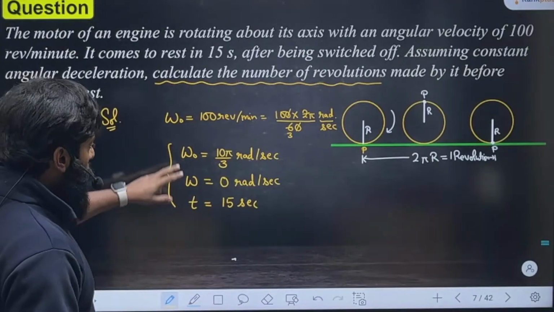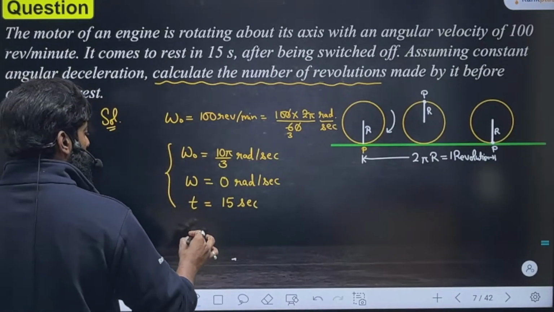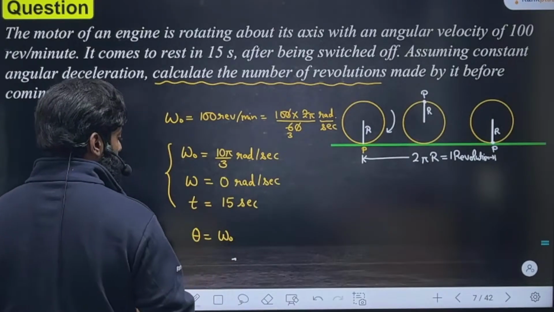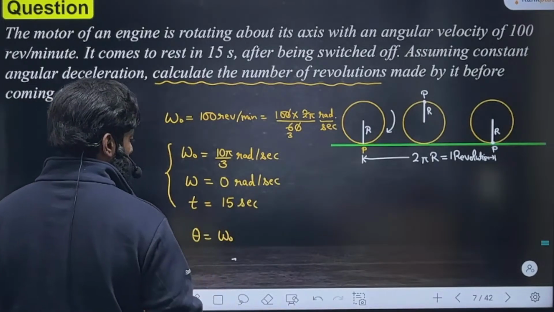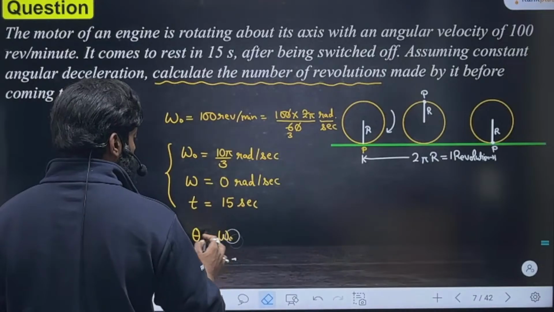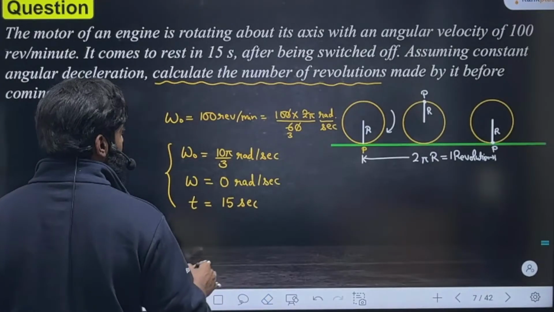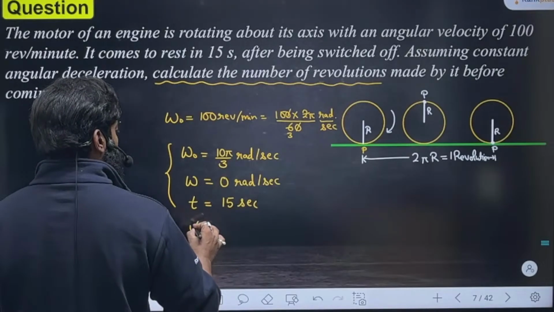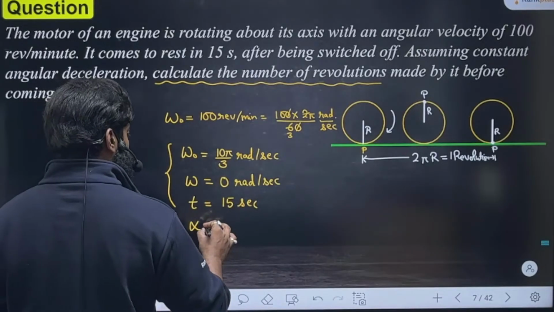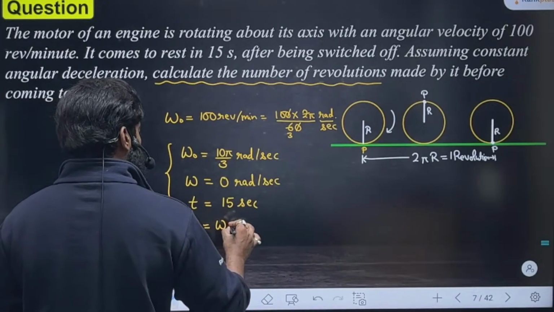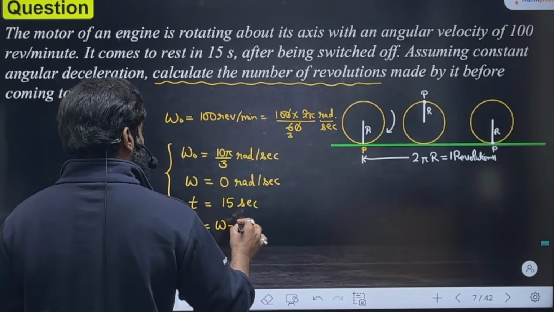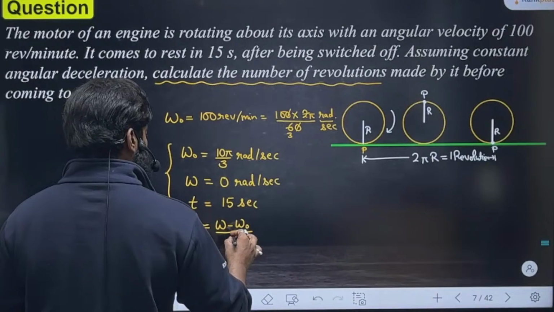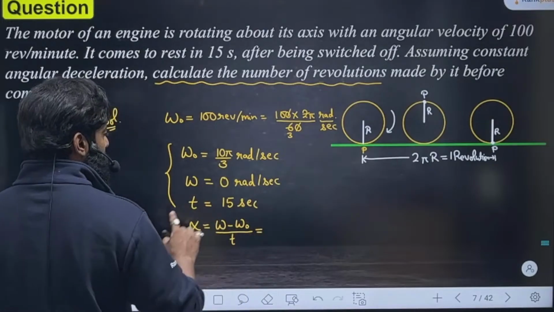Now, using this data, you can easily find theta, because we know that theta is equal to omega naught t plus one half alpha t square. We have to find alpha here to get theta. Alpha will be equal to omega minus omega naught divided by t. This is basically the deceleration.